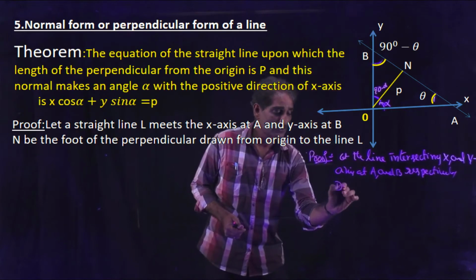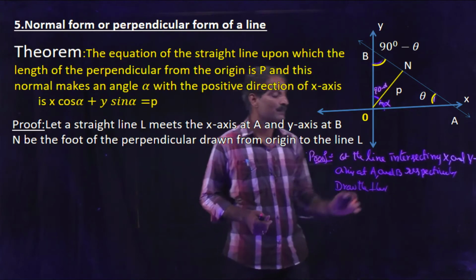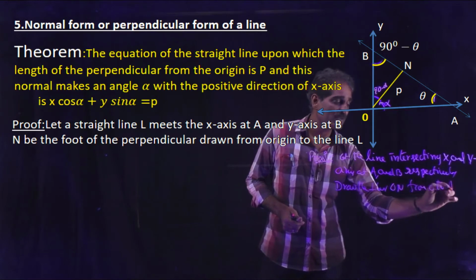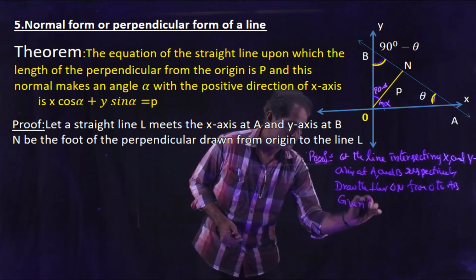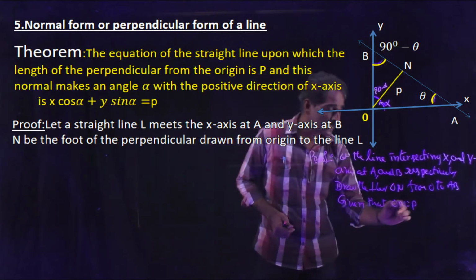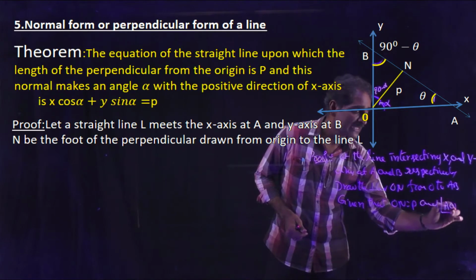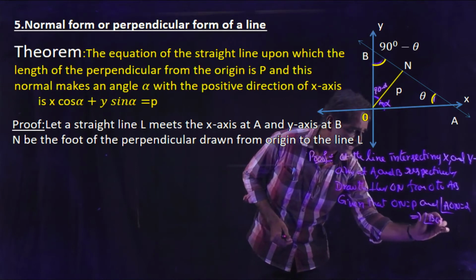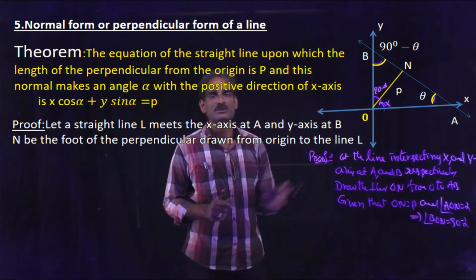And draw the perpendicular ON from O to AB. Given that ON is equal to p and angle AON is equal to alpha, this implies angle BON is equal to 90 minus alpha. This is the descriptive part.